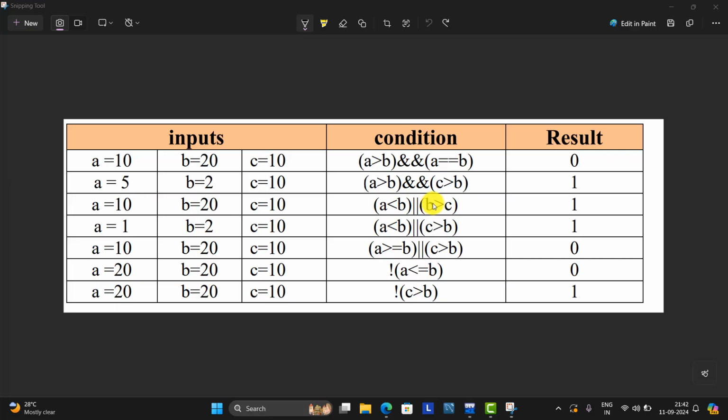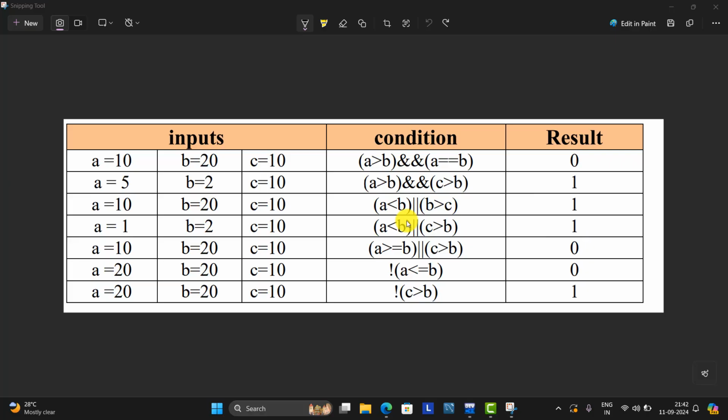Even though the next operation is 0, that does not matter, because the result is 1 anyhow. As per the definition of logical OR, if any one of the operands is 1, the result is always 1. So the compiler will skip this. The answer is 1.